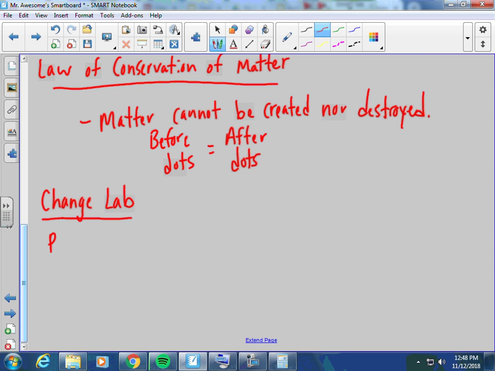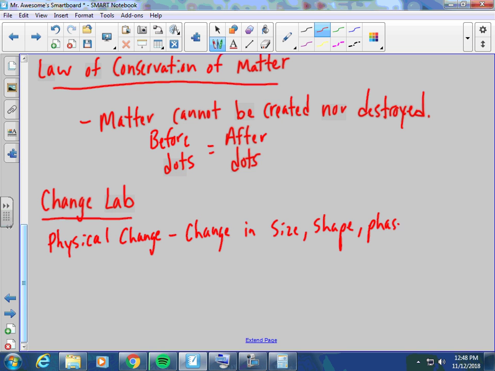First of all, to talk about physical and chemical changes, physical change, that's just a change in size, shape, or phase. Or state for phase, whatever, solid, liquid, or gas. So when we melt something, we boil something, we freeze something. Chemical change, we make something new.